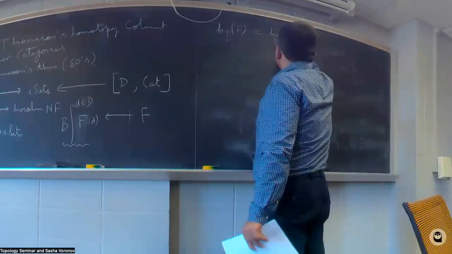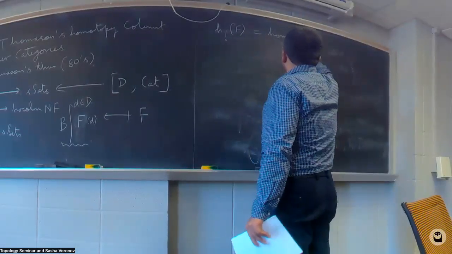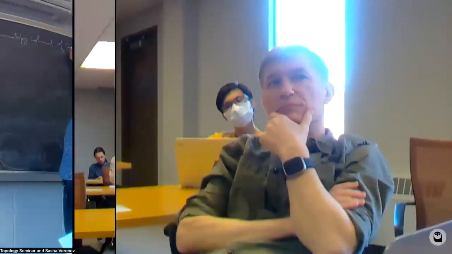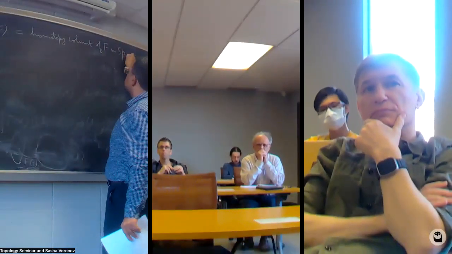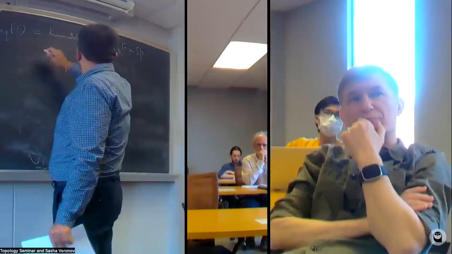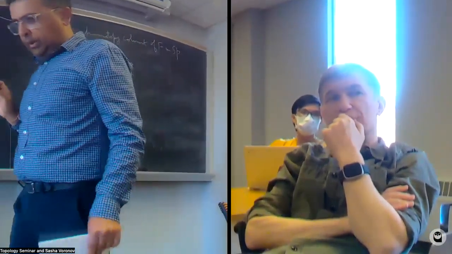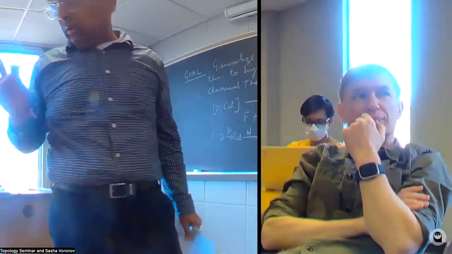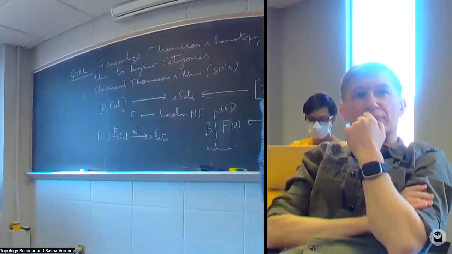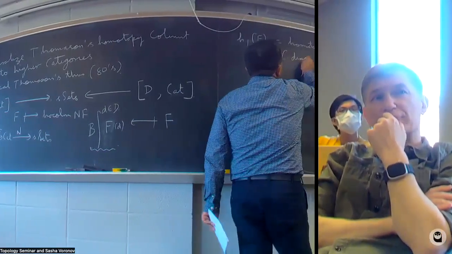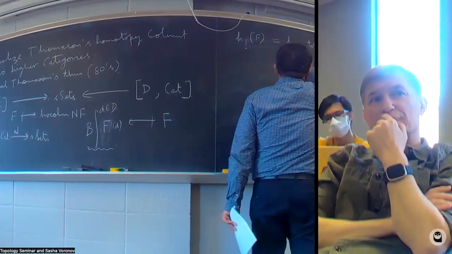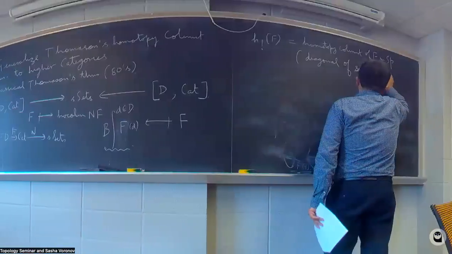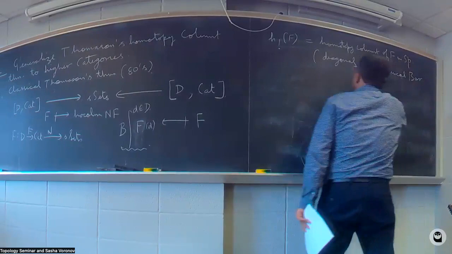Within the homotopy colimit, and when I say homotopy colimit, I'm talking about the standard construction of the homotopy colimit, which means this is the diagonal, the Bousfield-Kan construction.